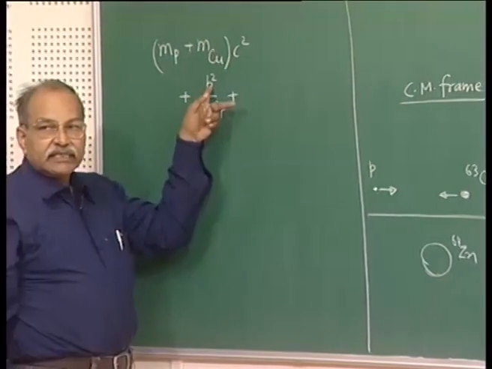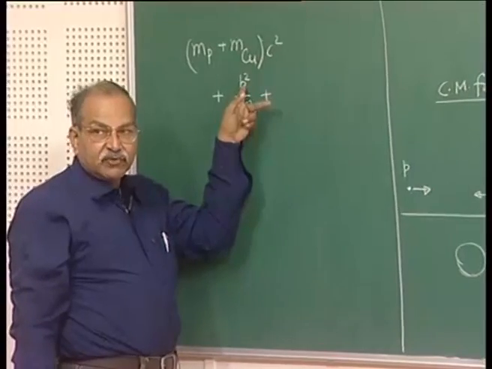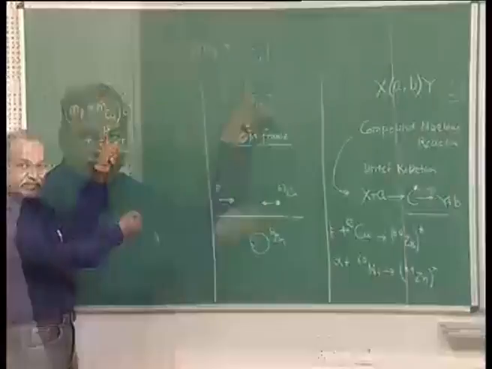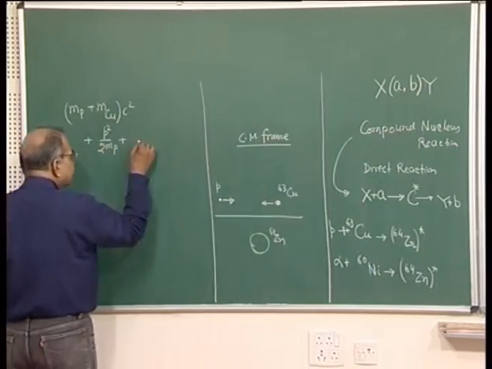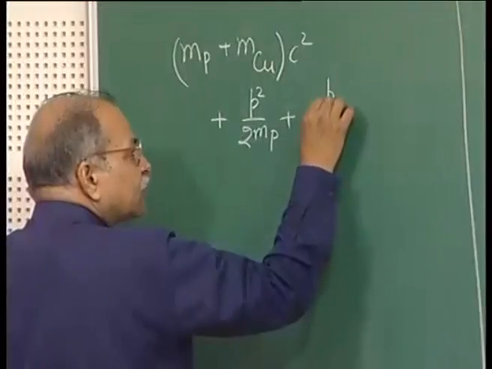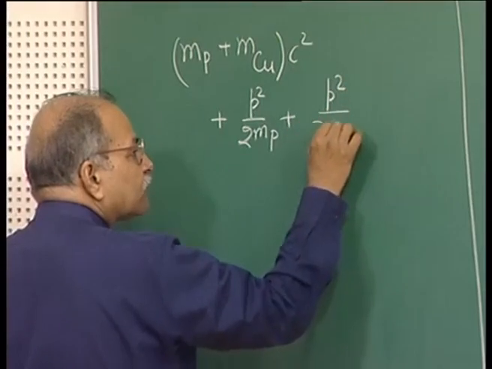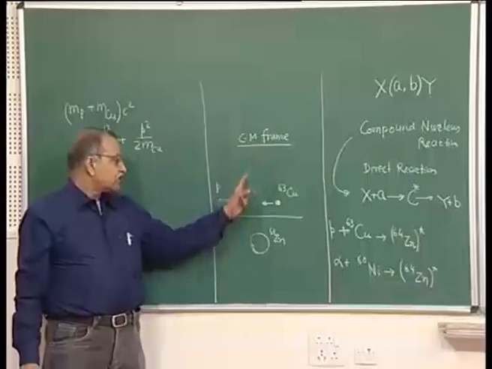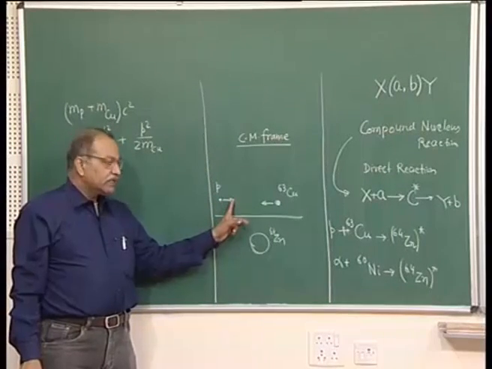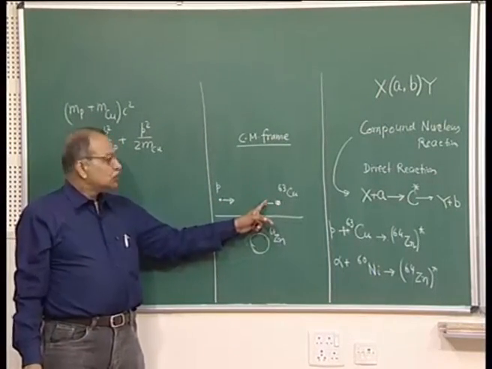This p is the magnitude of the linear momentum of each of the two particles, because they have to be equal, and then the kinetic energy of the copper, which will be p square by 2 m_Cu. I am writing the same p because in the center of mass frame the magnitude of momentum here and the magnitude of momentum here should be the same.